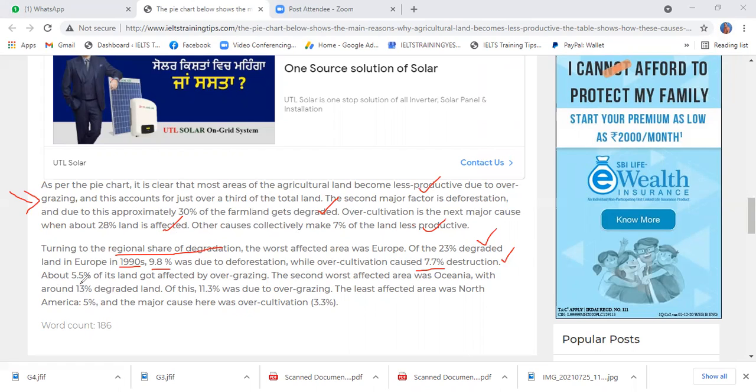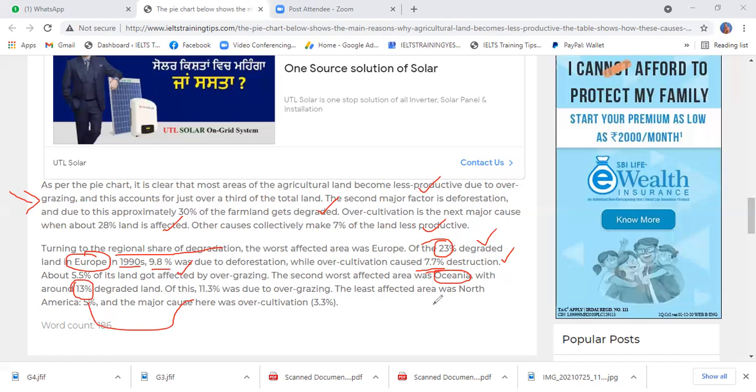About 5.5% of its land got affected by overgrazing. The second worst affected area, the first was Europe, was Oceania, with around 13% degraded land. So 23% was in Europe, 13% was in Oceania. Of this 13%, 11.3% was due to overgrazing.